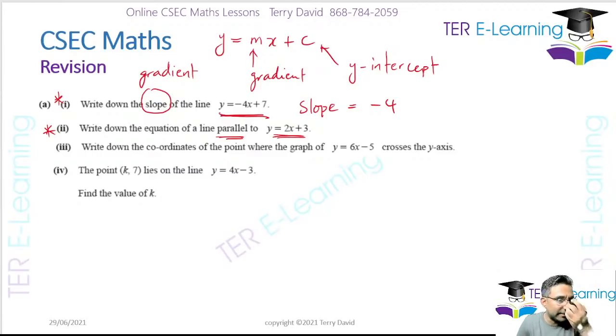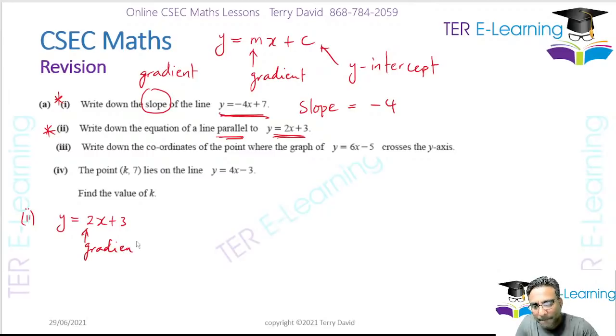All right, somebody said any equation that has a gradient of 2. That is correct. So here's what you need to do. This is part 2. They want you to write down the equation of a line parallel to y is equal to 2x plus 3. That means that this gradient here is equal to 2.